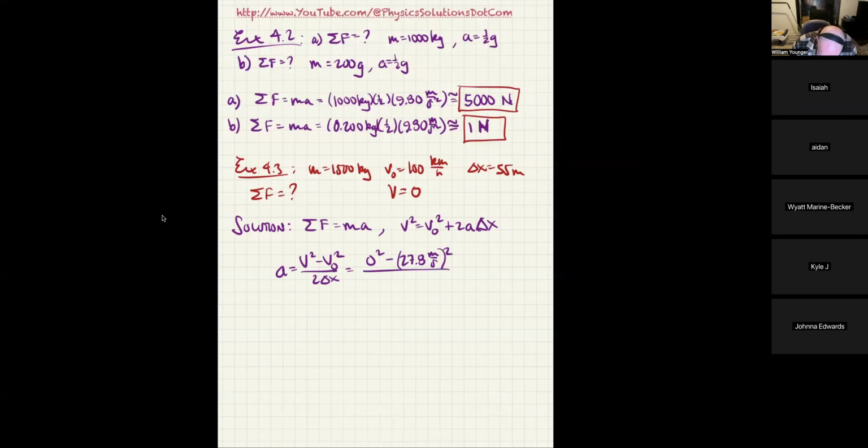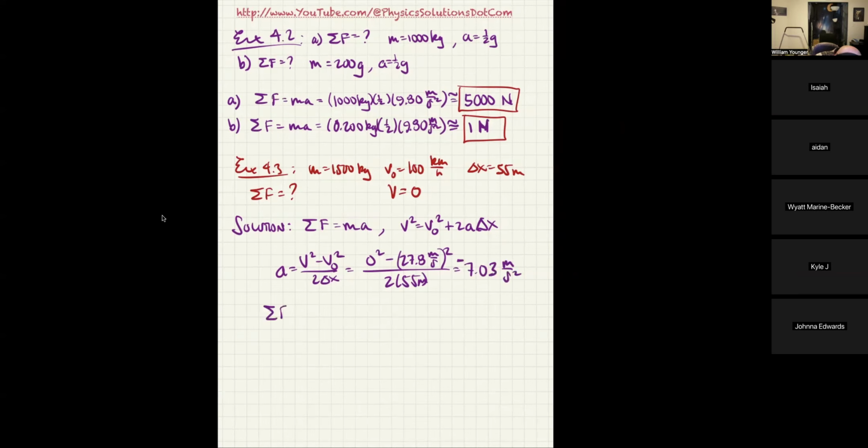So I square that, and then I divide this by 2 times 55 meters. And you notice that that does give us the units we expect, meters per second per second. So 27.8 squared gives me 772.84. Now I'm going to divide that by parenthesis 2 times 55 close parenthesis, and that gives me 7 point, it's actually a negative, 7.03 meters per second per second. So that's my acceleration, and it's negative.